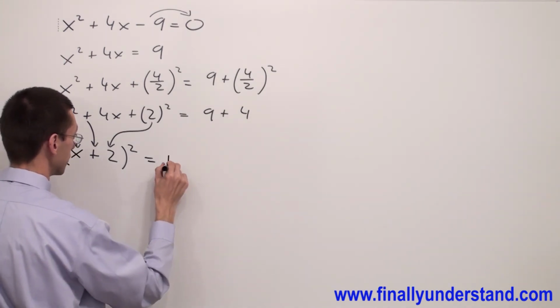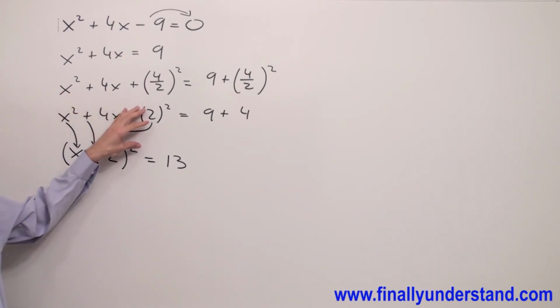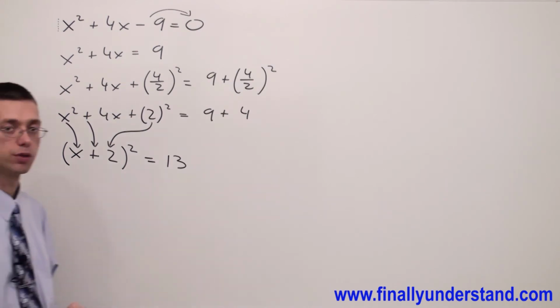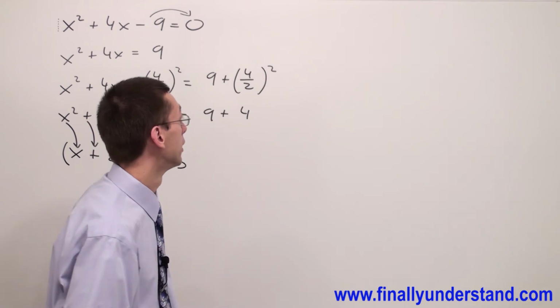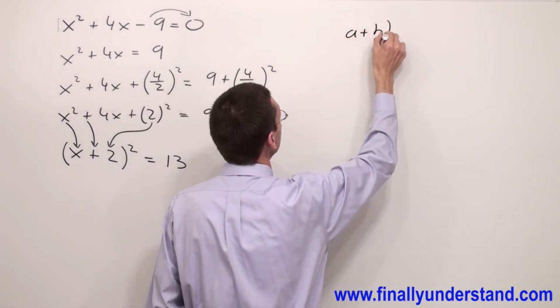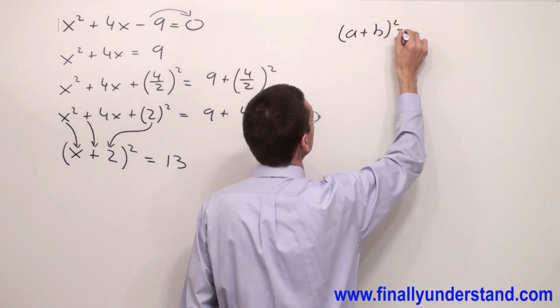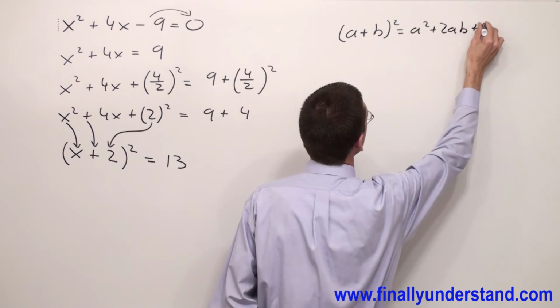equals 13. Someone is going to ask, how come this expression is equal to this one? You're supposed to remember the formula for the square of a sum, which says a plus b to the second power is equal to a squared plus 2ab plus b squared.